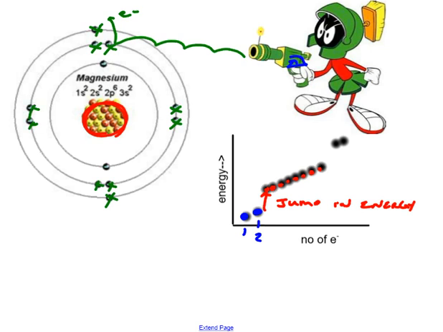And if he keeps turning the energy up on his gun, what we notice is that we're going to have another big jump as we go to the next stable ring. And the very last ring has only 2 electrons in it. So this was my innermost ring, the one that was the most difficult to remove. And this was my valence ring.